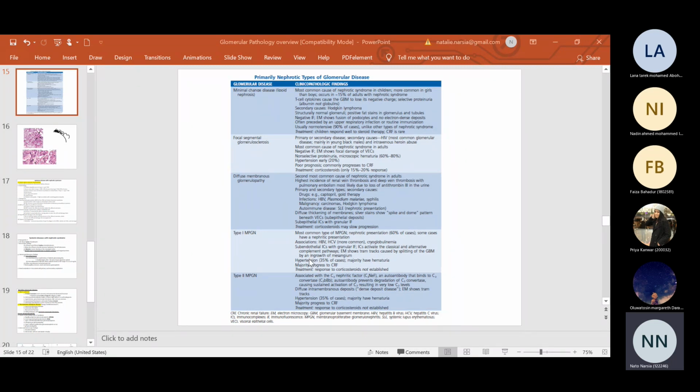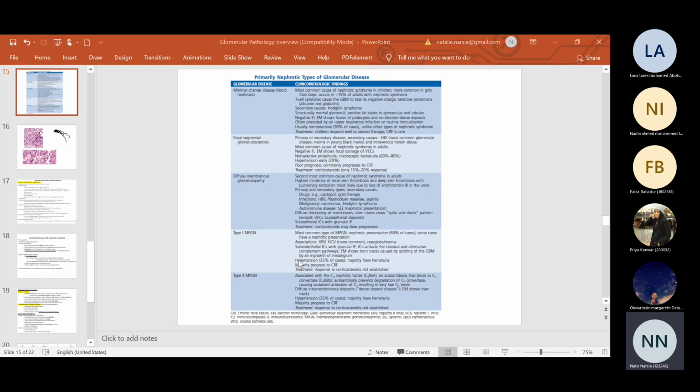Type 1 gives subendothelial deposition, and it is related to hepatitis B and C. And type 2, you have deposition within the basement membrane, and it is associated with nephritic factor.